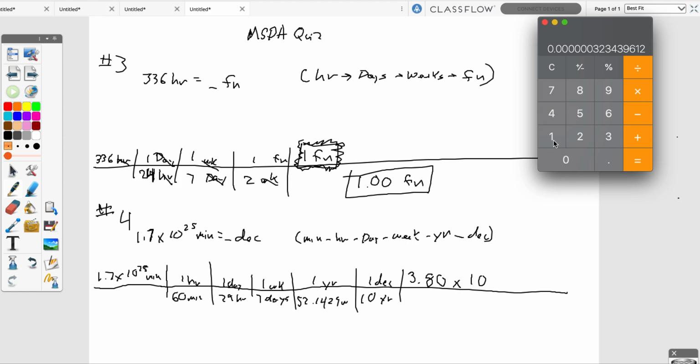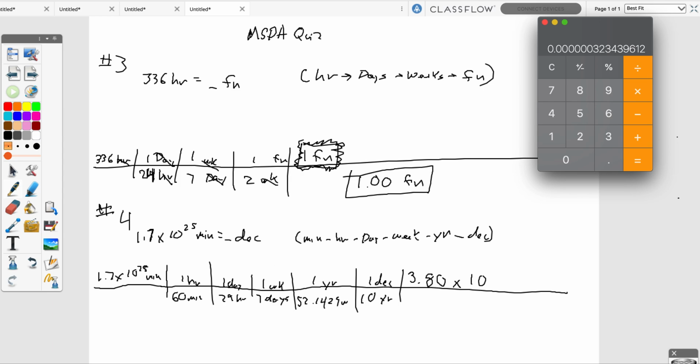I hate redoing math. So, 1.7 divided by 60, divided by 24, divided by 7, divided by 52.1429, divided by 10 equals. Well, last time I got the wrong number. So this is actually going to be 32.